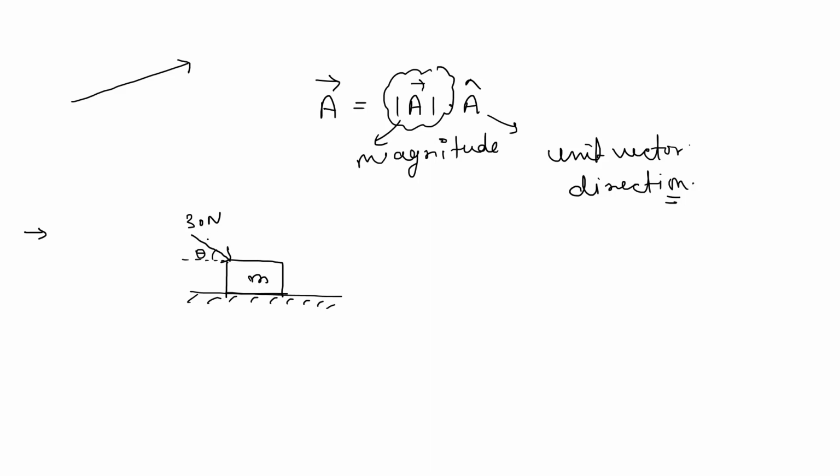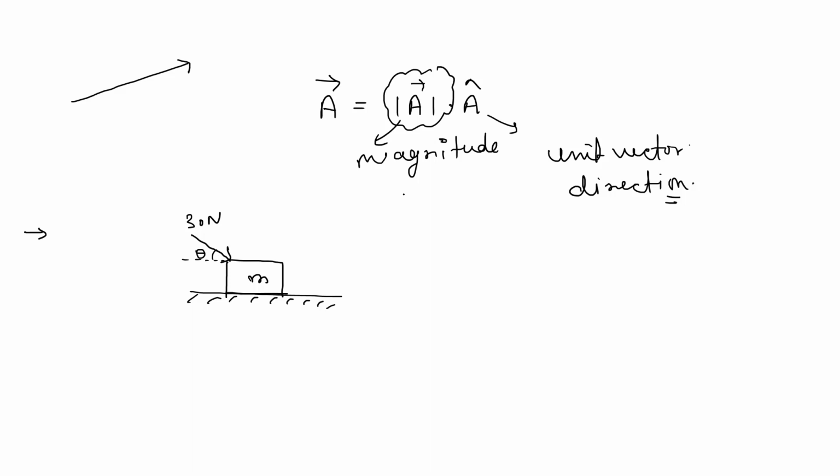This is a vector quantity because 30 newton is not sufficient to tell someone that I applied a force of 30 newton. You have to tell what is the direction of the force which you have applied on the block. That's why direction is so important as well as magnitude.